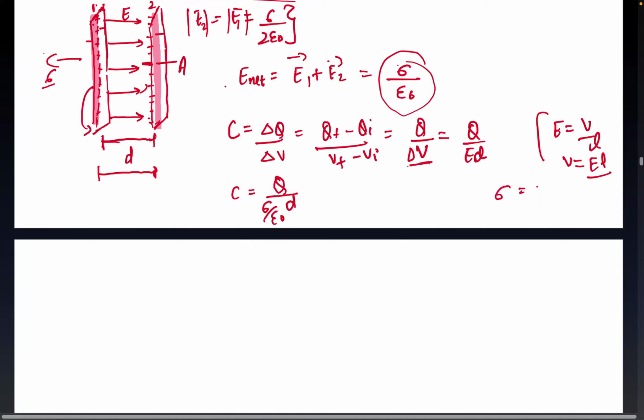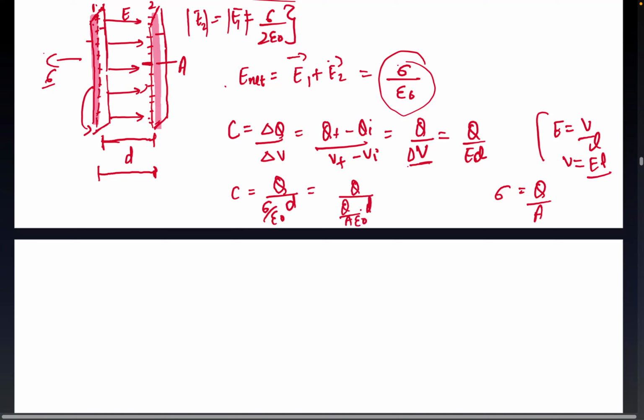Sigma is charge upon area, where the charge is situated on these surfaces, so it is nothing but Q by A. Let's put the value in: Q divided by Q by A epsilon naught D.